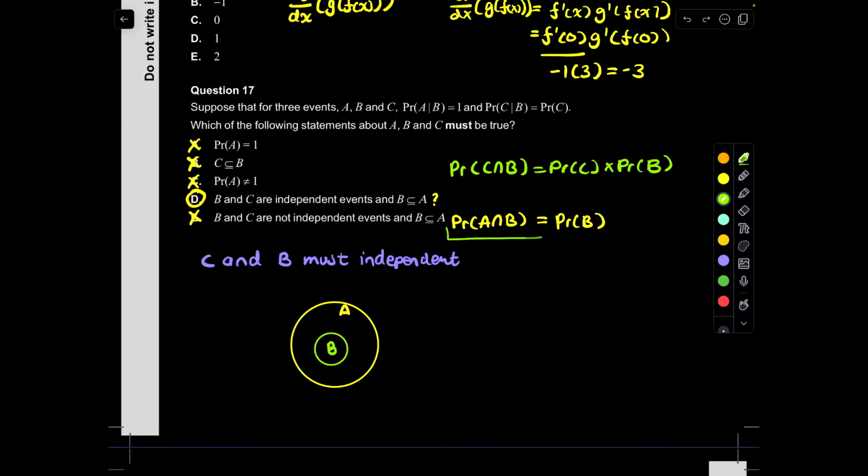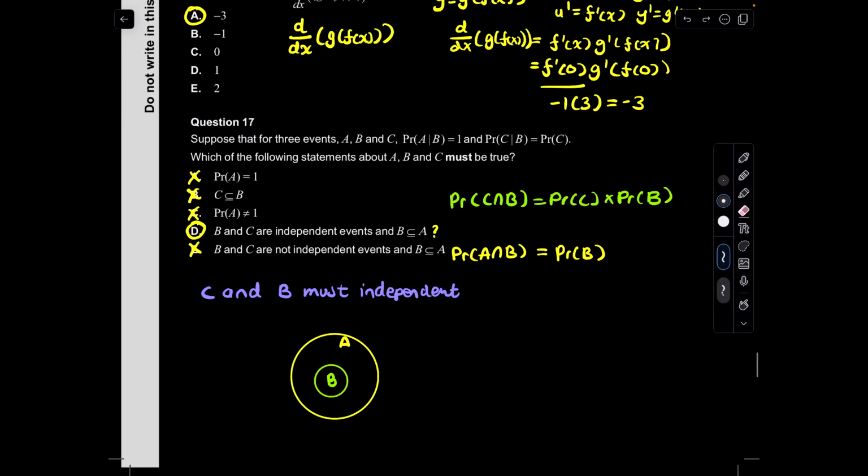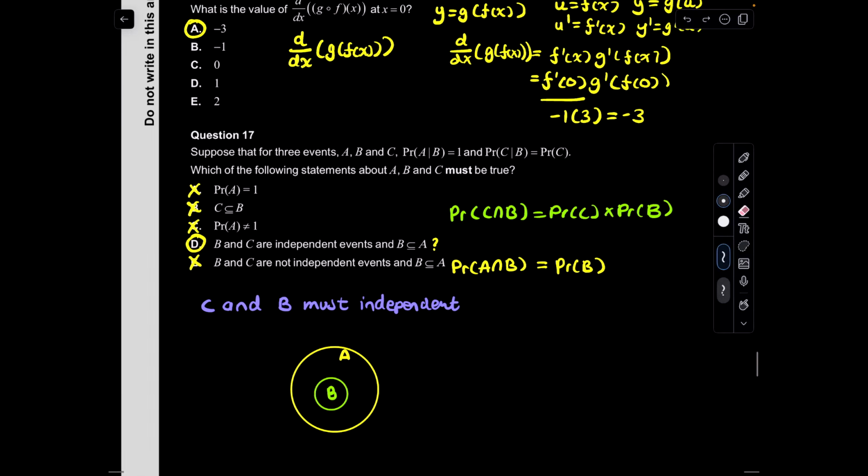This here tells us that B is a subset of A. Think of it like this: the probability of A intersection B, when these two intersect, is equal to the probability of B, which is the one that's inside. So this tells us that B is a subset of A. That's a little bit confusing, but it looks like D. D looks nice. Not too bad.